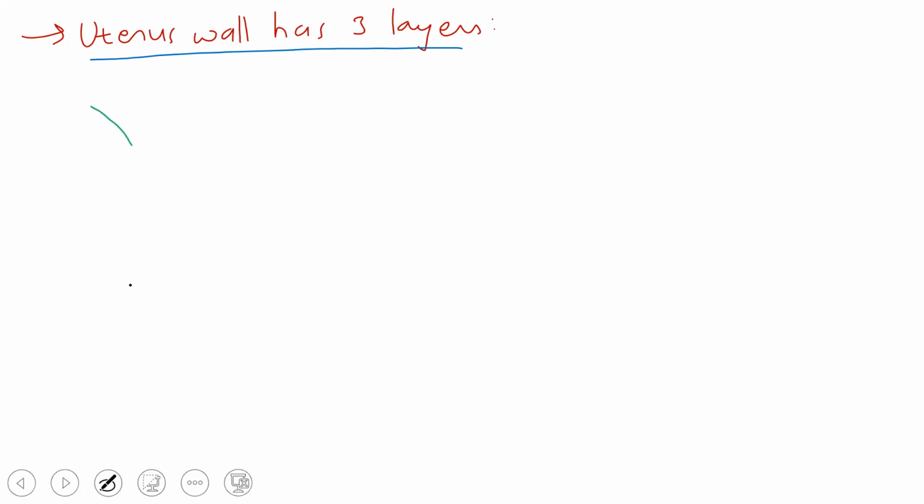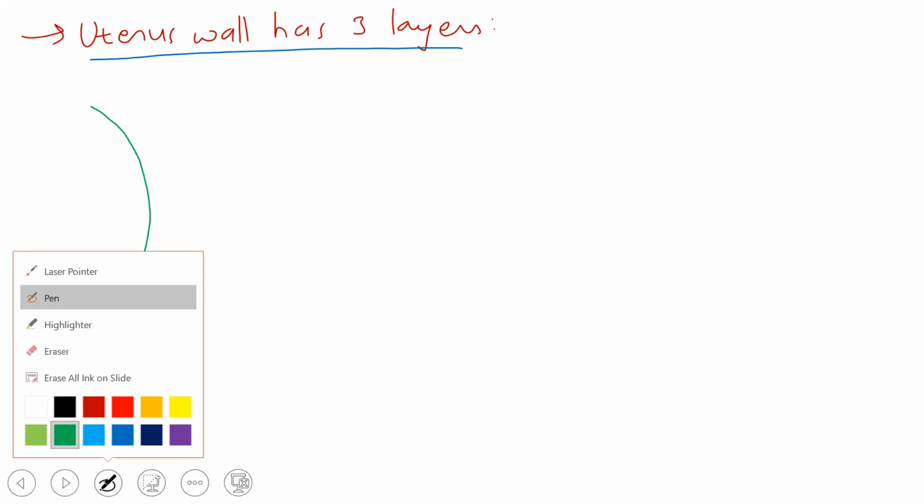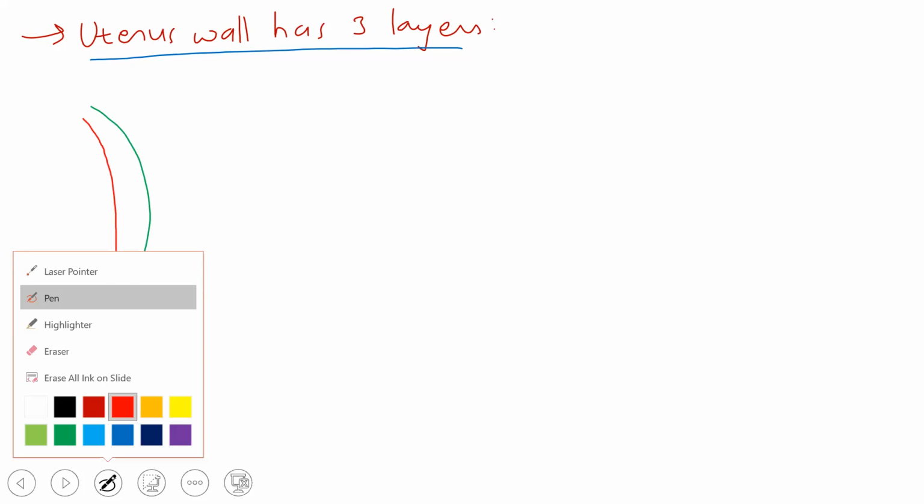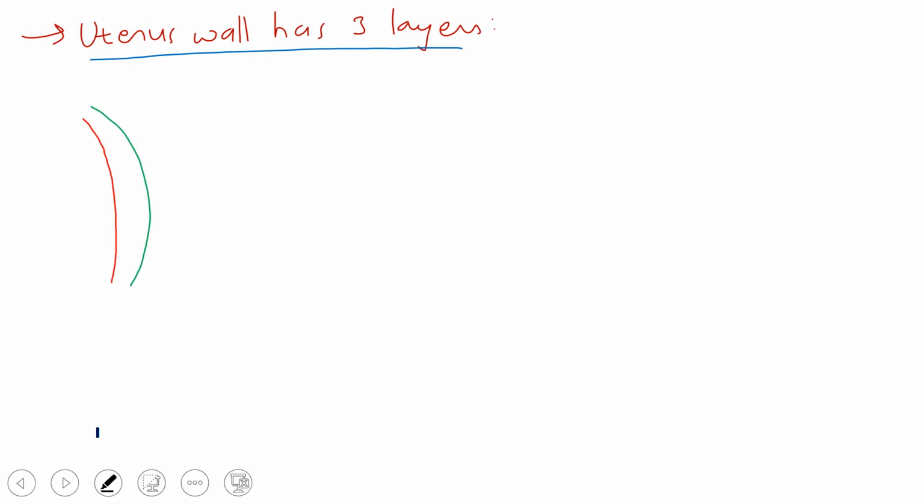The outermost thin wall is termed the perimetrium. Then there is the muscle layer, which is the myometrium, and then there is the inner thick layer, which is referred to as the endometrium.